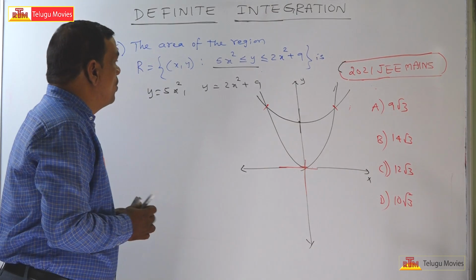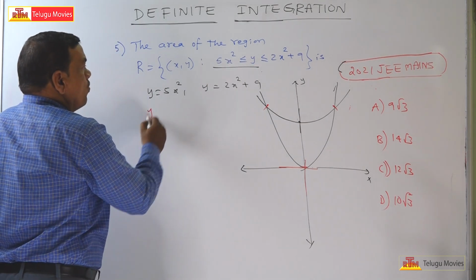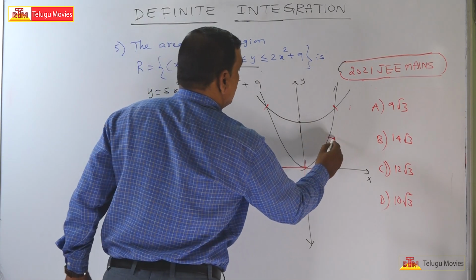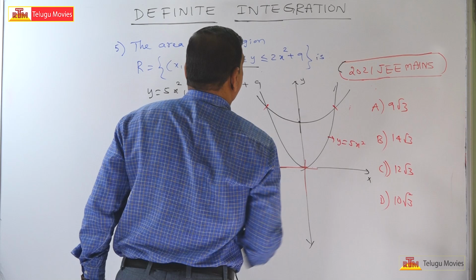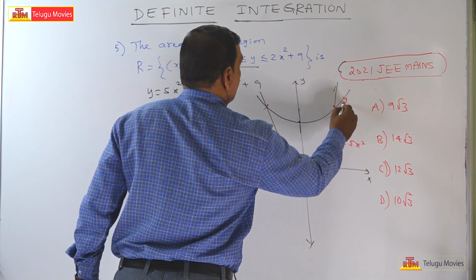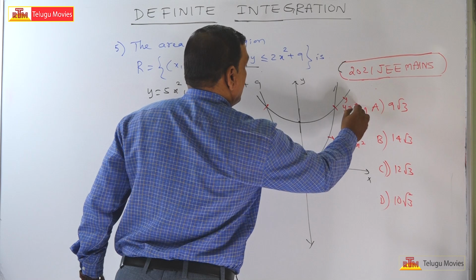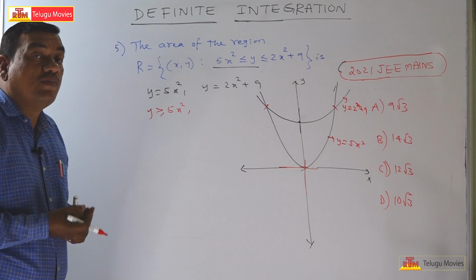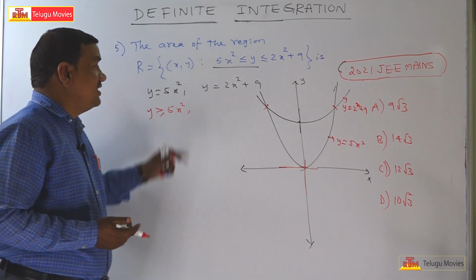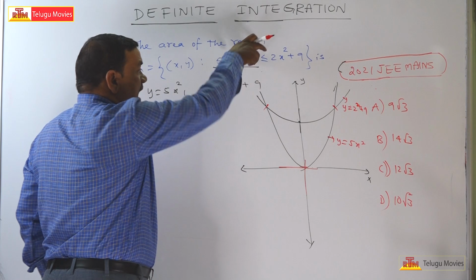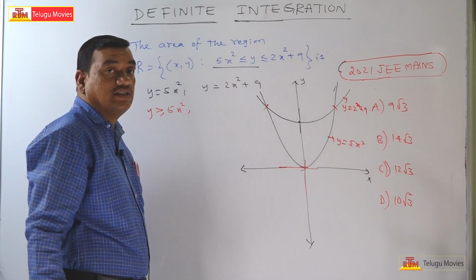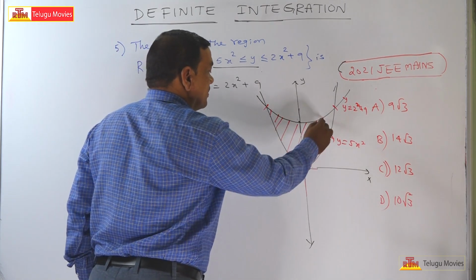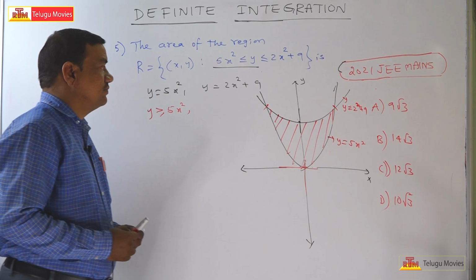See here, this curve is y is equal to 5x square, and this curve is y is equal to 2x square plus 9. y greater than or equal to 5x square means the points which satisfy this inequality lie upward, and y less than or equal to 2x square plus 9 means the points belong to the downward side. So this is the area we require.